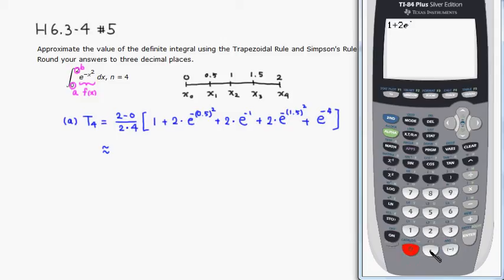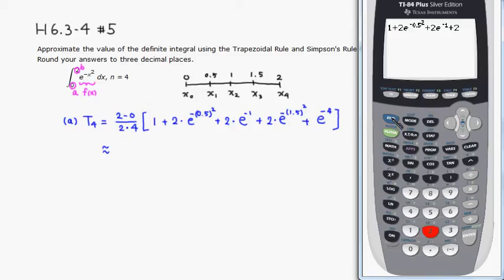Then the next term would be plus 2 times e to the negative 1. Actually, not there, so let me delete that.